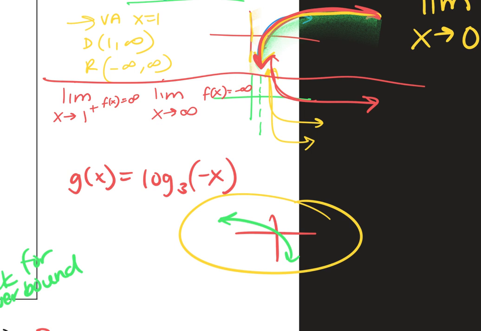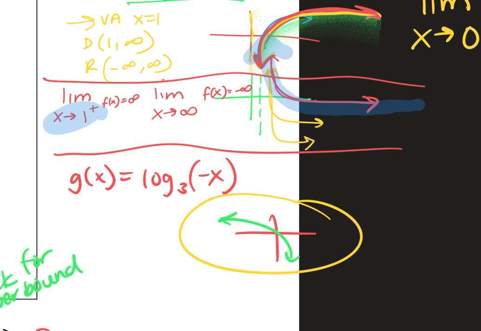So you mean this side, as it's approaching 1 from the right. So it's coming here as it's approaching from the right. My y values are getting bigger, so it's going to positive infinity. And as it's going that direction, the y values are going to get lower and lower and lower, so it's going to go to negative infinity.